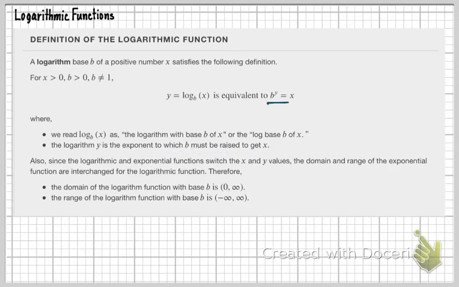So they're talking about this side now. They're saying y is the exponent that b must be raised to get x. And that's what we see there. And like I said before, we're going to go between these forms for almost every problem, one way or the other, it seems like, when we're dealing with these logs. We'll talk about the rest of that in a bit.